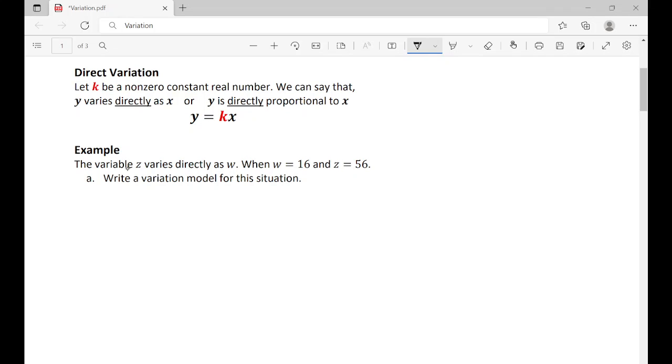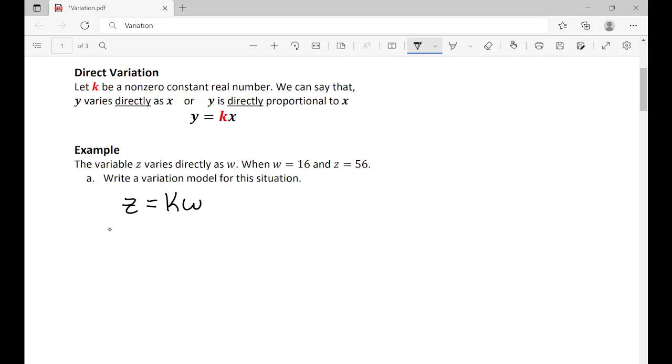So the variable z varies directly as w. So z is going to equal kw. So that's what it would look like. Now I have w being 16 and z being 56, so I can plug it in and solve for k.